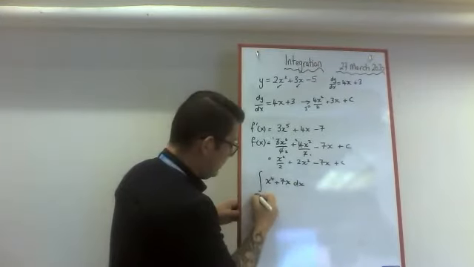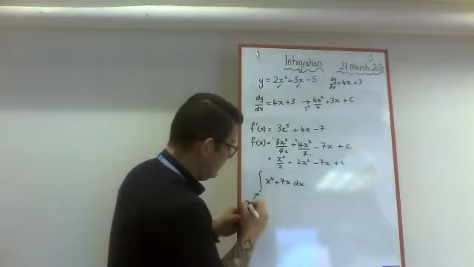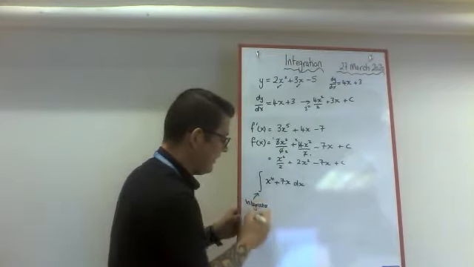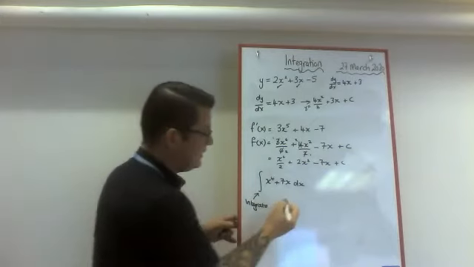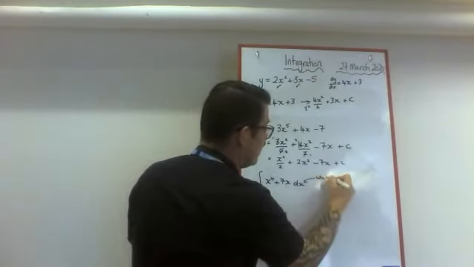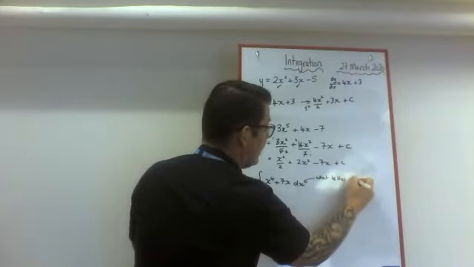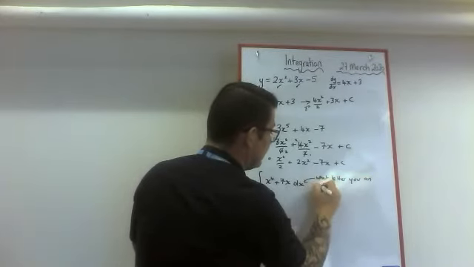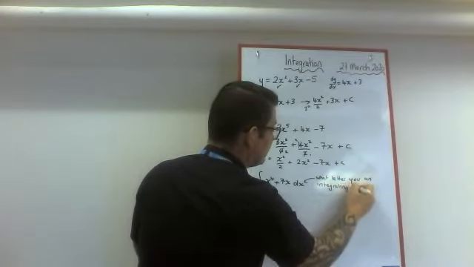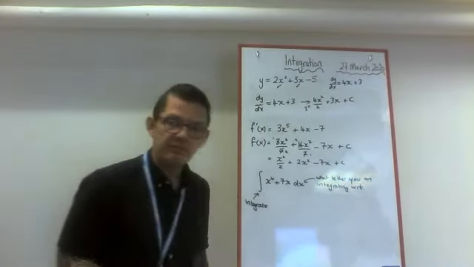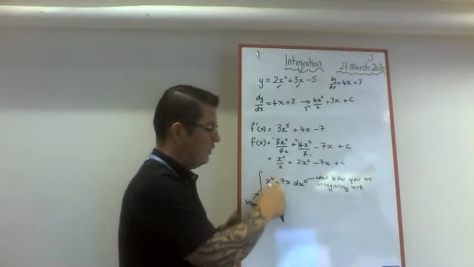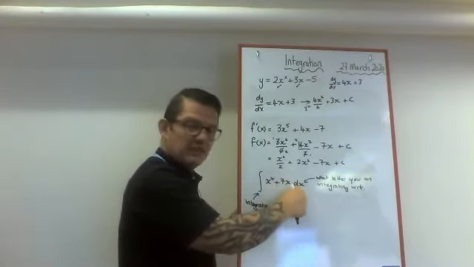Now, the elongated s just tells you to integrate, so you know that you're going to be integrating if you see that. The dx here tells you what letter you are integrating with respect to. What that means is, I'm integrating x to the 4 plus 7x with respect to x.